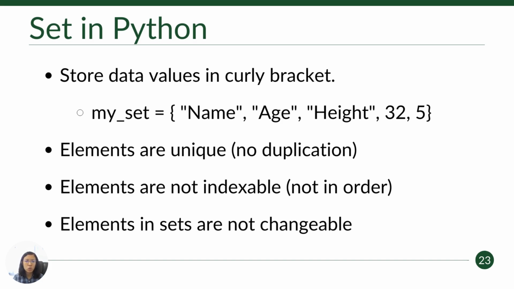For example, name cannot be duplicated twice. If you write name two times, the second name will be removed automatically. And these elements are not stored in order, which means they can be rearranged. So it's not indexable. And after you define the set, you cannot go and change these values.